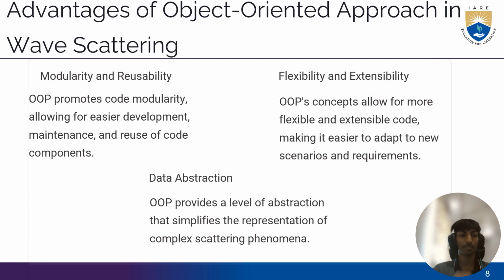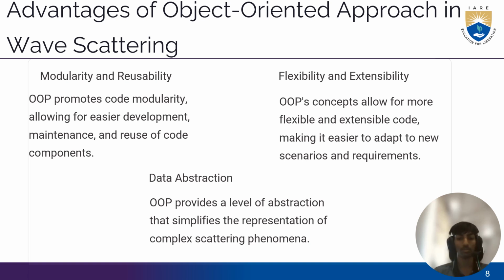So, the advantages of object-oriented programming approaches in wave scattering. The first one, modularity and reusability. OOPS promotes modular code, allowing developers to maintain and reuse the code. It also provides better security than other programs, and flexibility and extensibility.